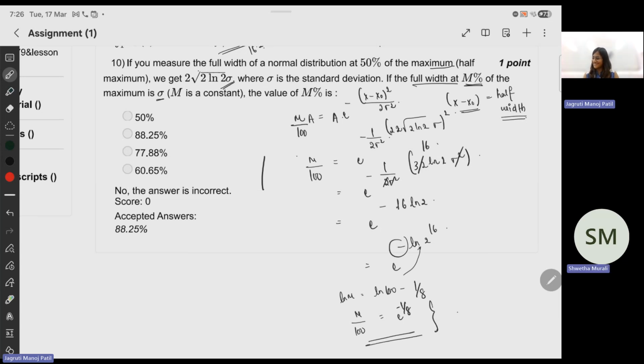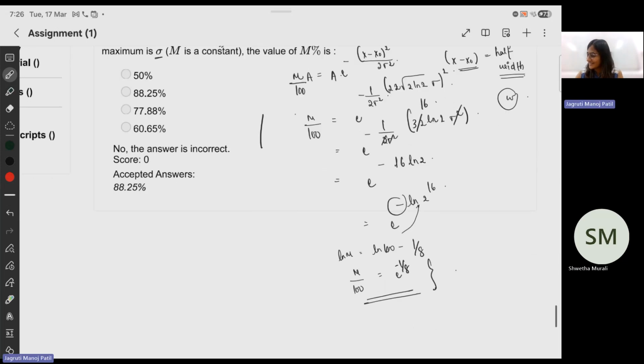But why have they given the 2 root 2 ln 2? So this was what we were trying to do here. That was smart of you to write it as W. They gave it as an entire bit. Oh, right, okay. Nice one. Then that's done.